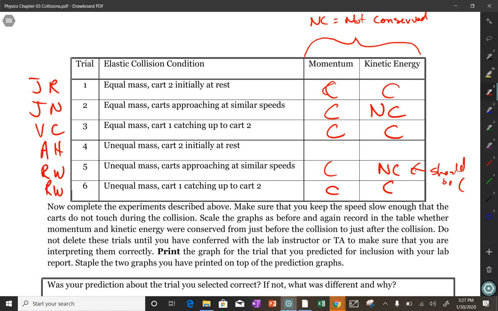What was your prediction again? So the red line is what you're looking at for the top. Did it stay or did it go down at all? Did you say it was gonna stay the same or change? It was gonna stay the same. So then that's what you would say.